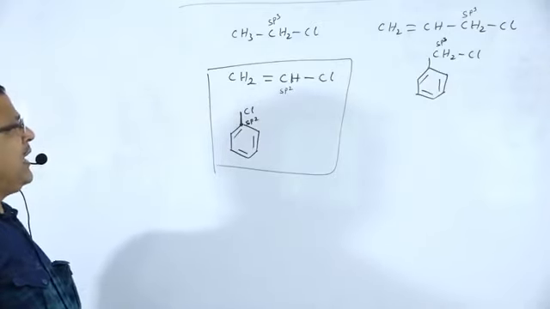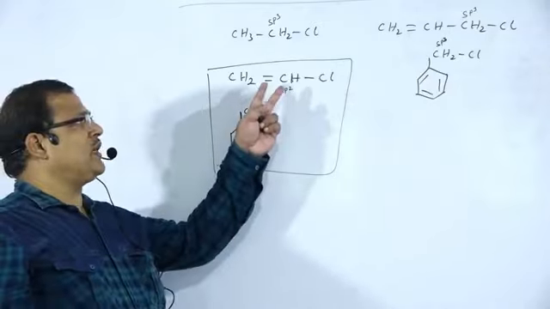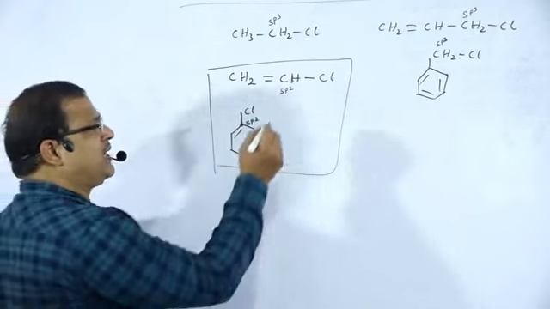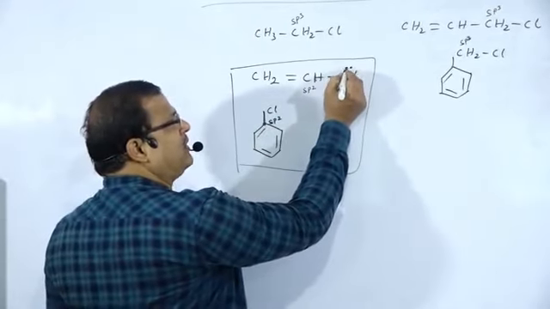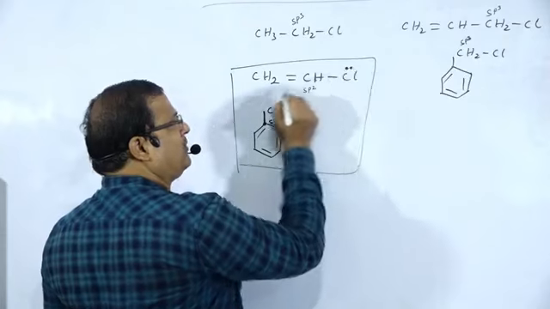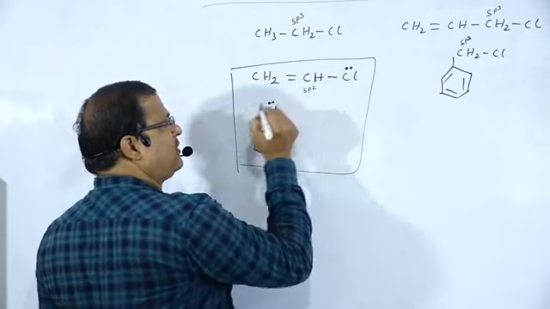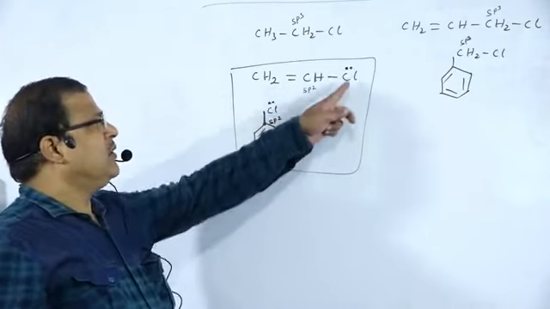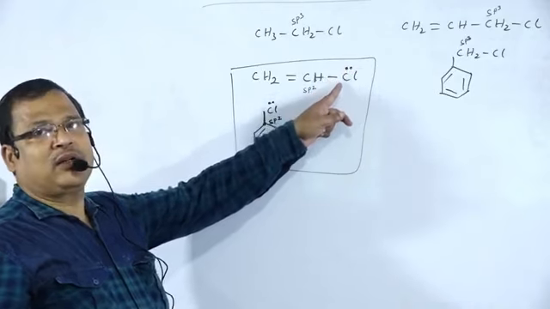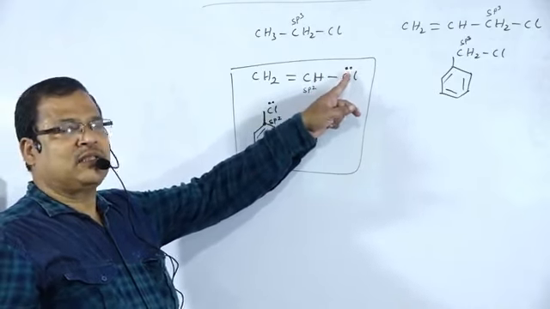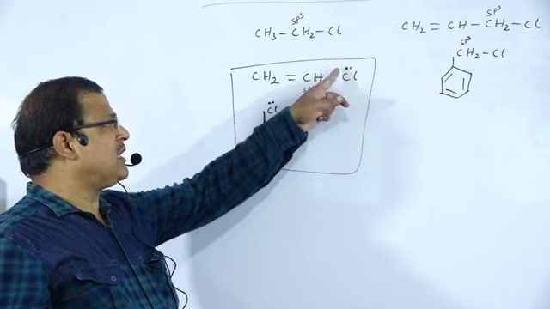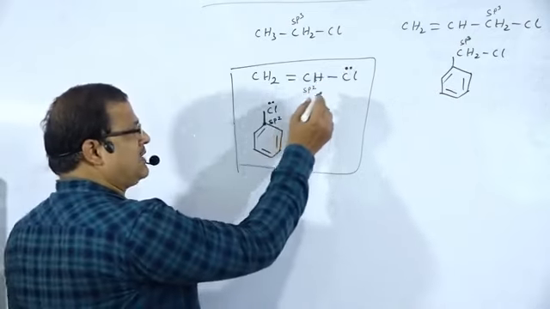If we analyze the resonating structures, the chlorine atom contains lone pairs of electrons, and these lone pairs are in conjugation with the ring. So resonance takes place.